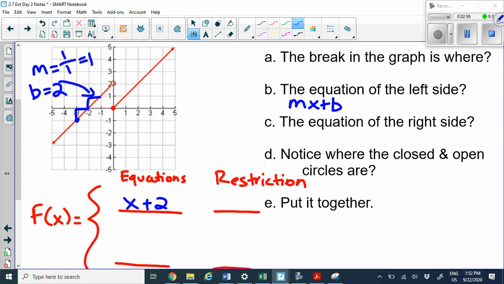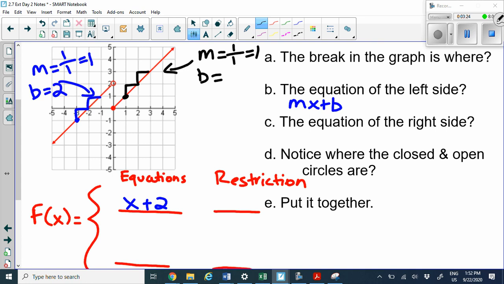Okay, let's find the equation of the other line. We're going to do the same thing. You need to find m, and we have to find b. Find a point that is on the line. Doesn't matter where. And then I'm going to go up 1 to the right 1. Up means positive, and to the right also means positive. So I have 1 over 1, which just gives me 1.